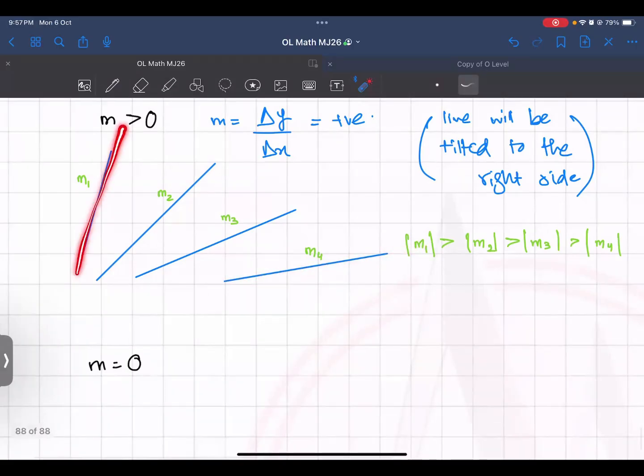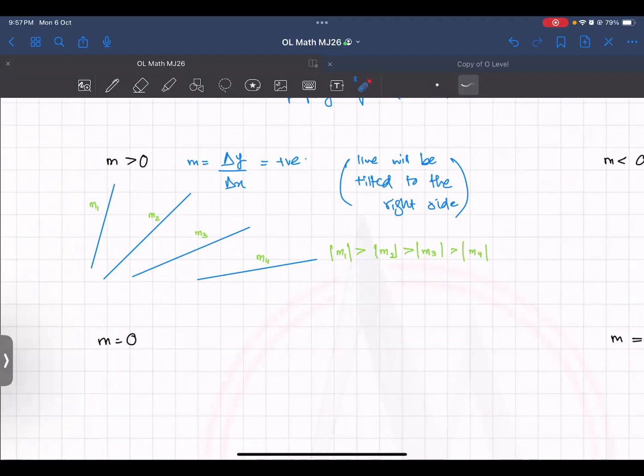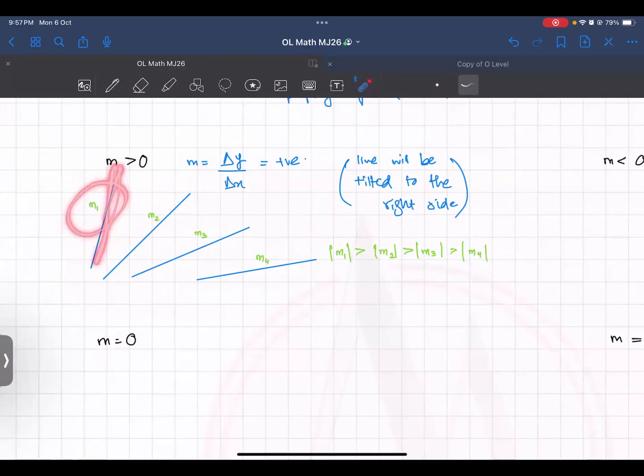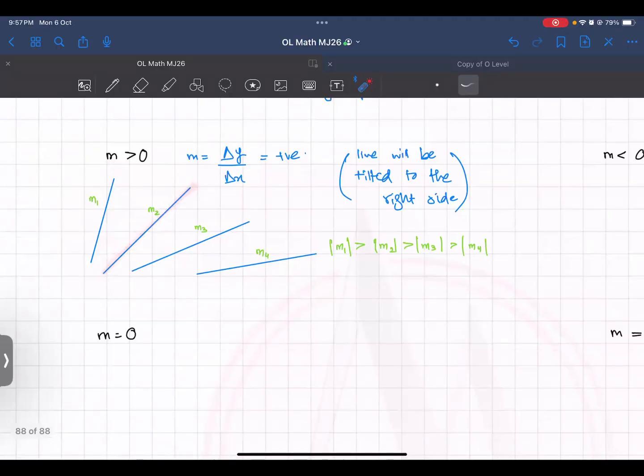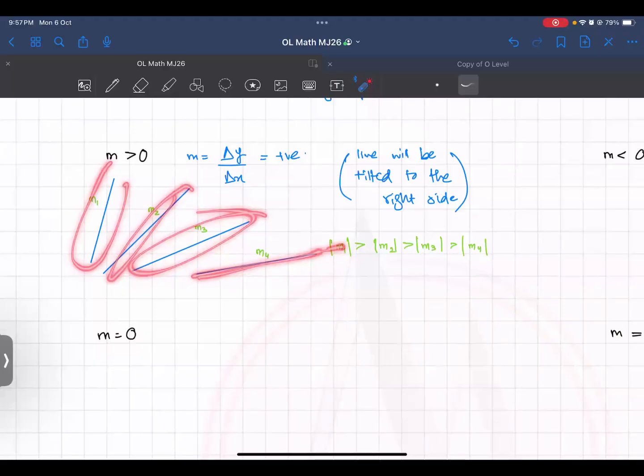M1 is the steepest one, so the value of m will also be biggest. Let's suppose it is 10, this would be 8, this would be 6, this would be 2. I'm just giving you random values to make you understand the size. The maximum magnitude will be of the steepest line, and the last one, m4, will be smaller than all three gradients because it is the least steep.